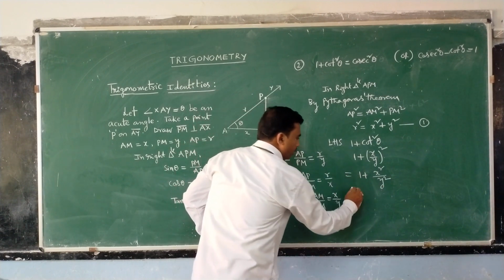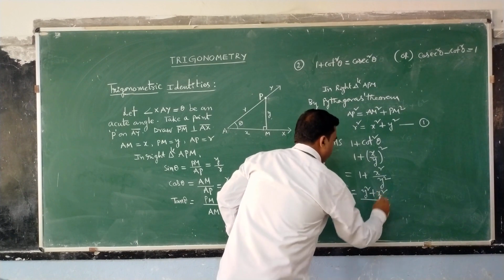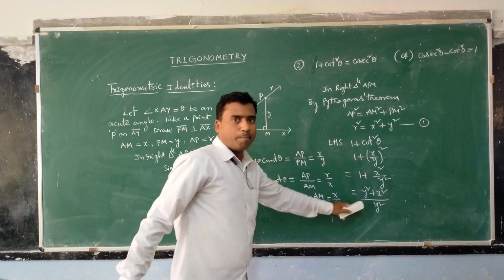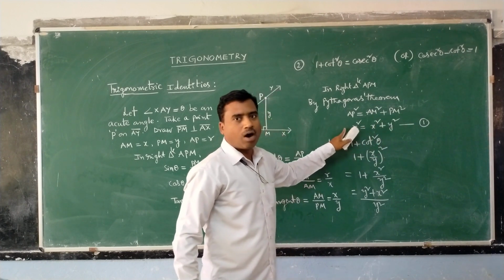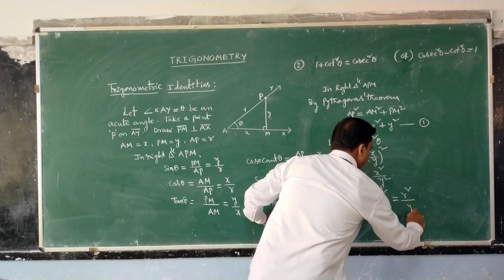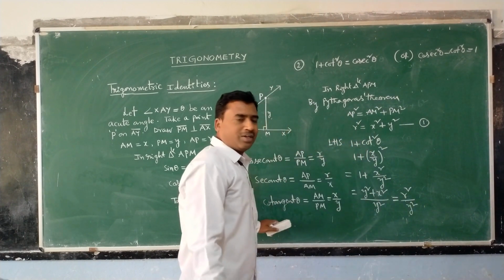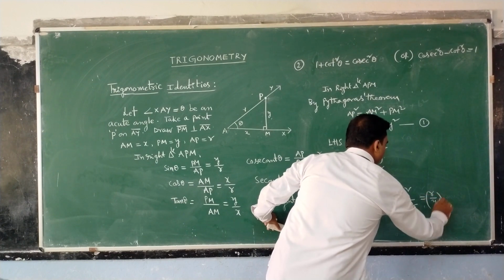Now y square into 1, so y square plus x square by y square. But from 1, x square plus y square is equal to r square. So that is equal to r square by y square, which is (r by y) whole square.